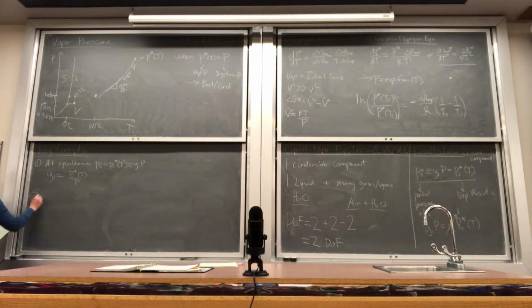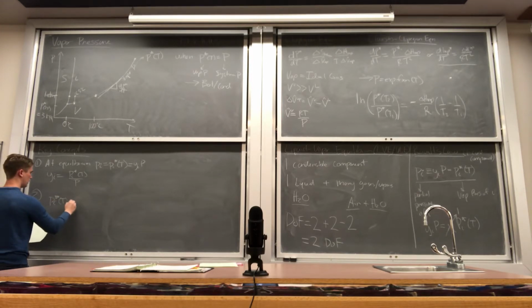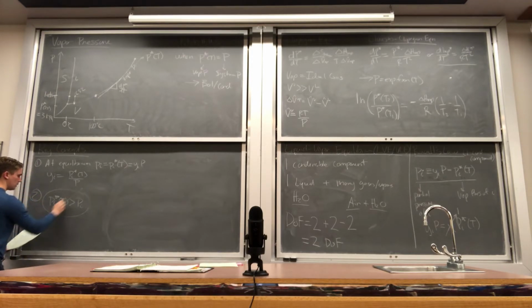Number 2, you can never get your vapor pressure higher than the partial pressure. This is what we would call supersaturated.